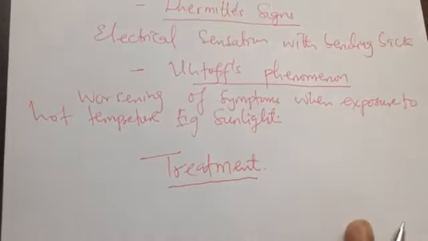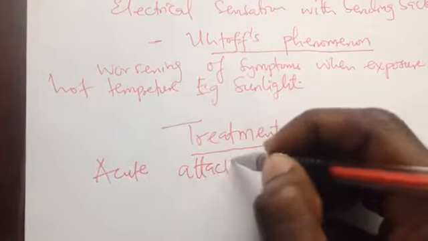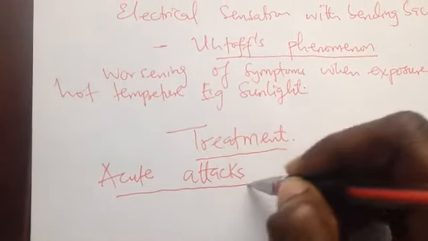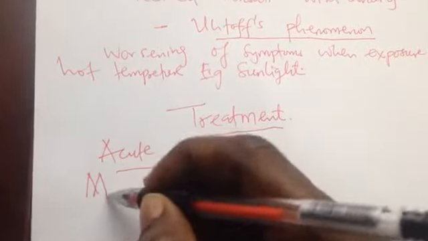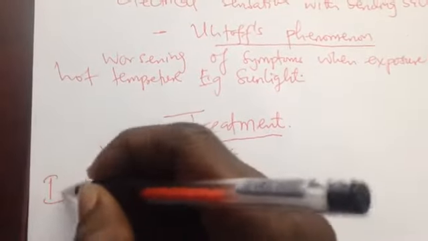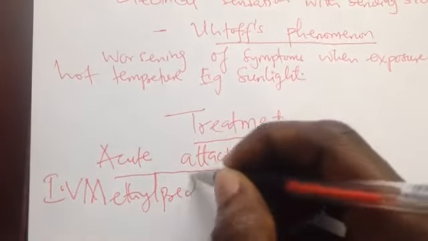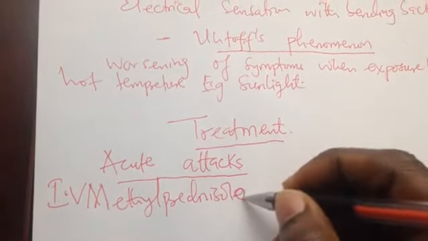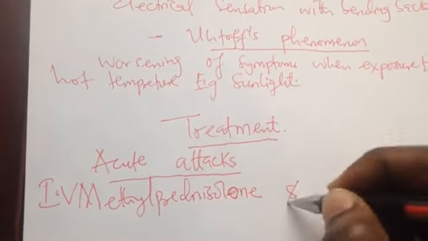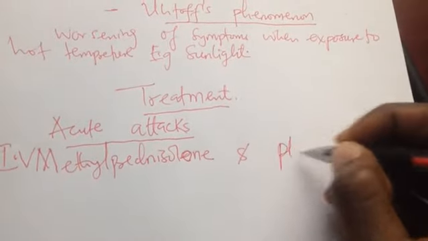So now, treatment. To treat multiple sclerosis in acute attacks, methylprednisolone is very important. So for acute attacks, we administer IV methylprednisolone, and then adjunct it with plasmapheresis.